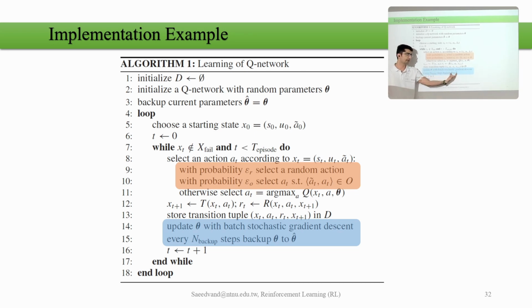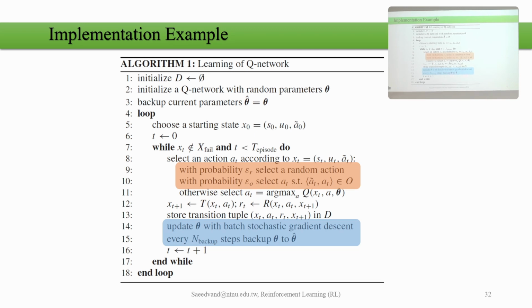It means that they have two networks that they copy, and every nth step they back up one network to another, and they split it into two networks to make training more stable. Nothing very specific. I will show you in the code also.